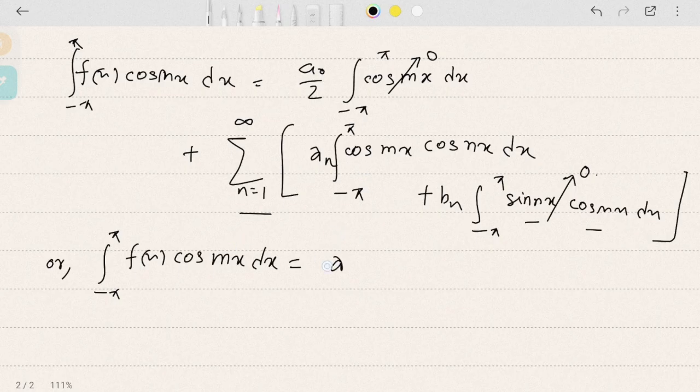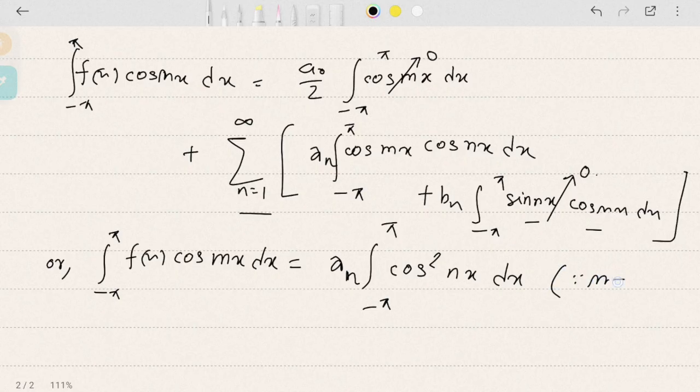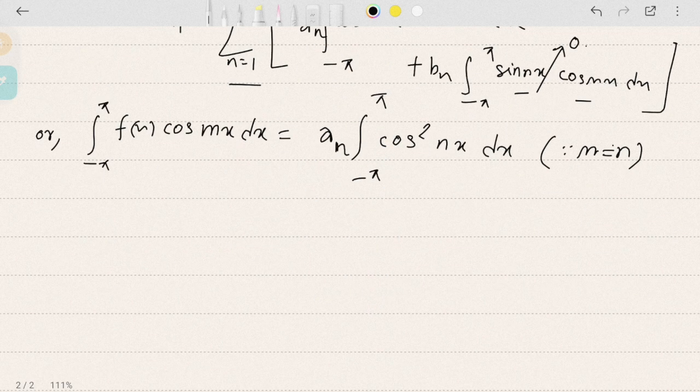So this will be like, let's make it all n. So minus pi to pi cos square nx, sorry, like m is equal to n, so this m will be replaced by n.